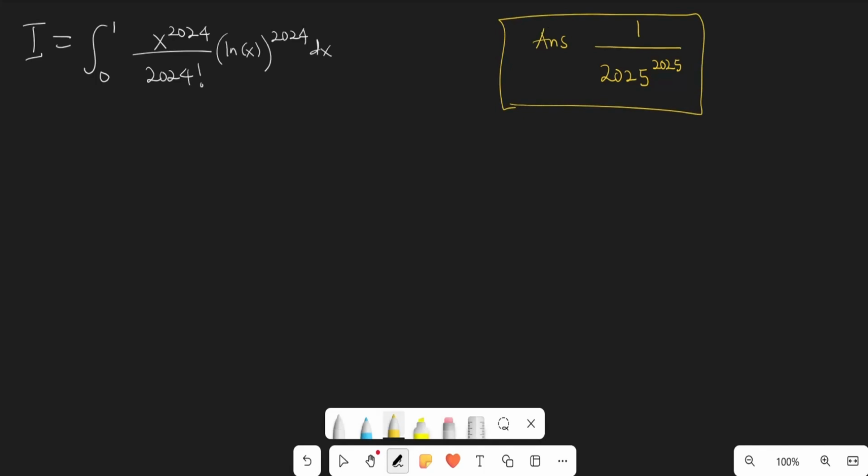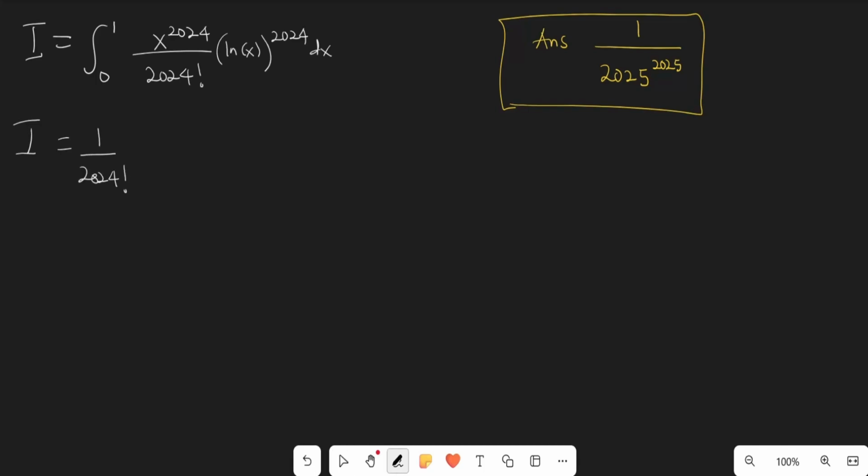So let's start off by looking at this. 1 over 2024 factorial is a constant, so I'm going to bring it out in front here because it has nothing to do with x. So this is x raised to the power 2024 and then ln of x raised to the power 2024, and I'm going to do a substitution here.